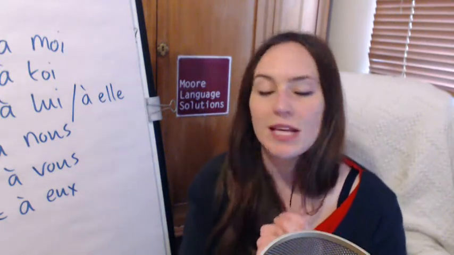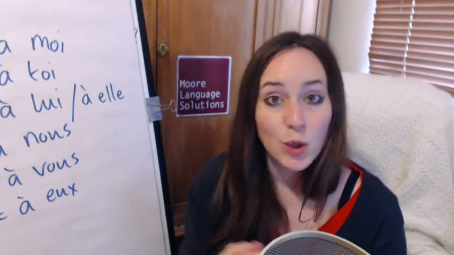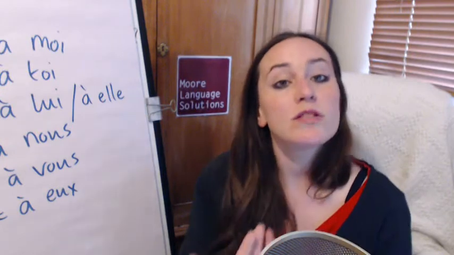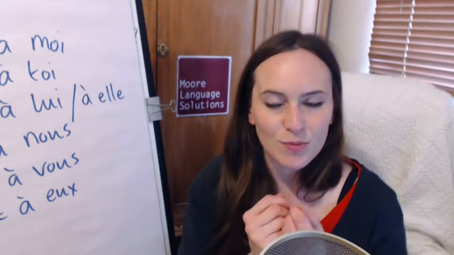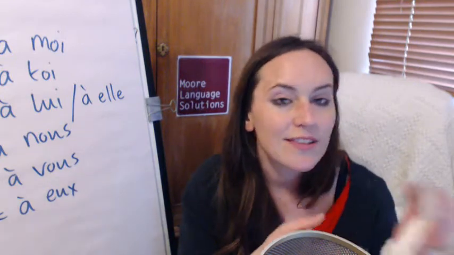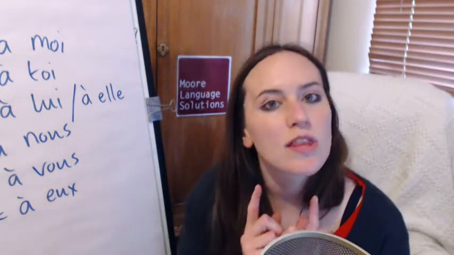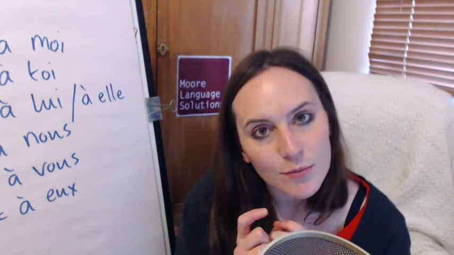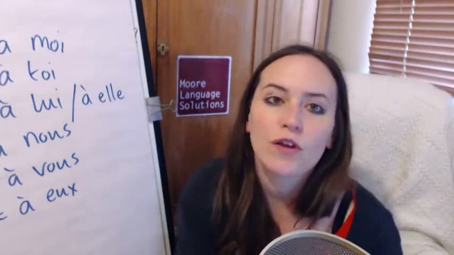So it can replace à lui, à elle, pour lui, pour elle. But if you're buying something for someone, you can replace the pour Michel, pour Sarah, pour Stéphane with lui, right? But the lui pronoun needs to go before your verb.